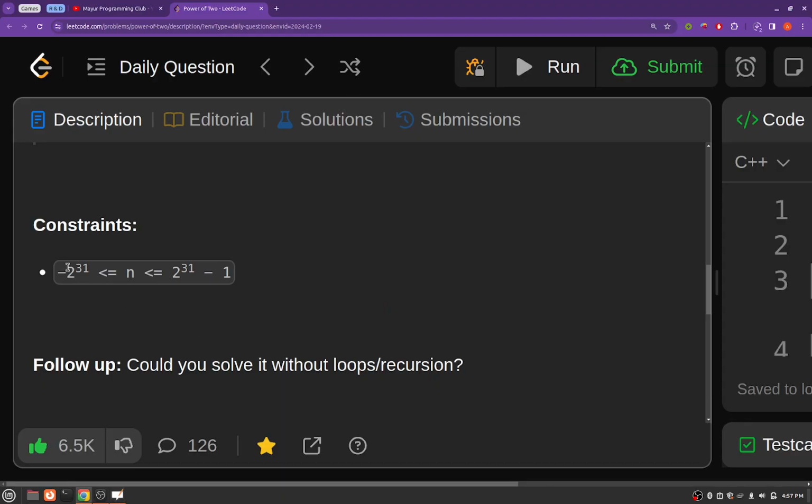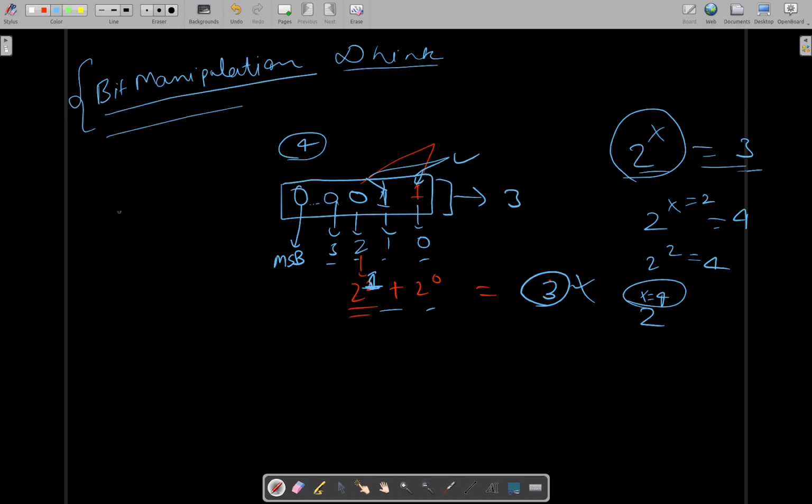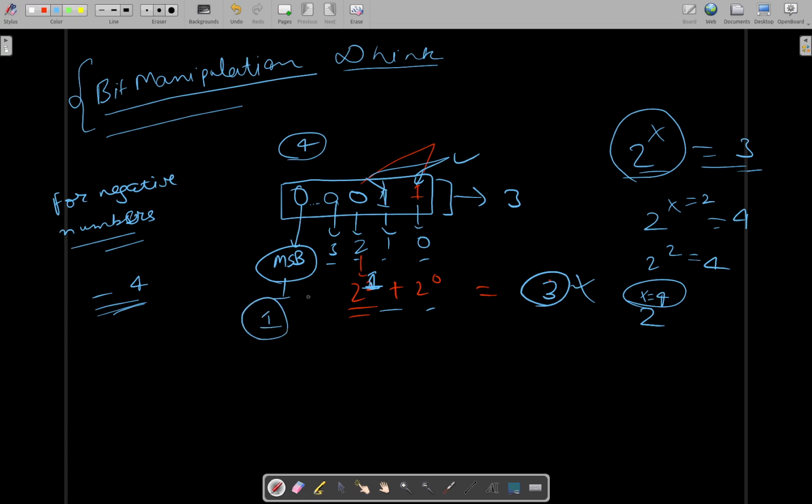And you may ask, what will be the thing about negative numbers? How will we be checking for negative numbers? So what I will tell you is, for negative numbers, first of all, if you go with the binary representation, let's say you want the binary representation of -4, the most significant bit is set to 1 in negative numbers to indicate that those are negative numbers.